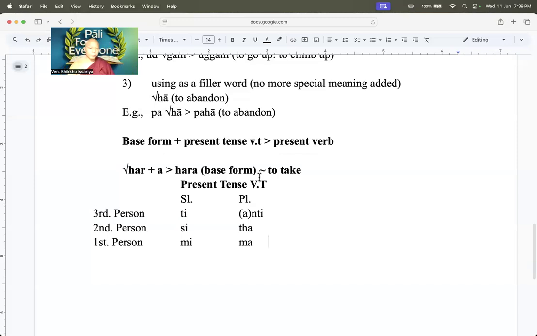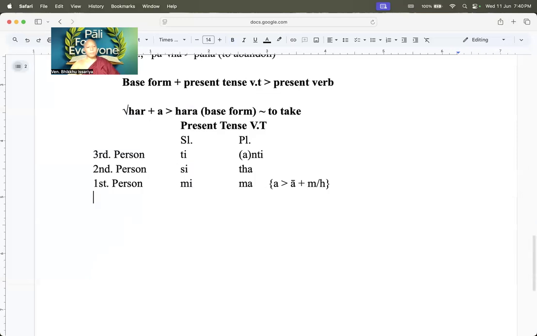So here, this R is connected. This note we should also know: R changes before the ma sound, or maybe sometimes the ha sound. Now you see this hara, so haradi.